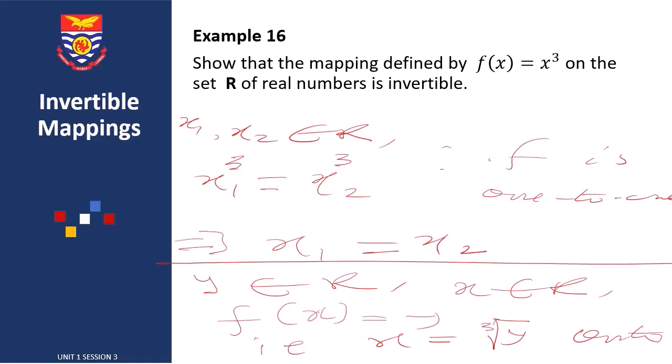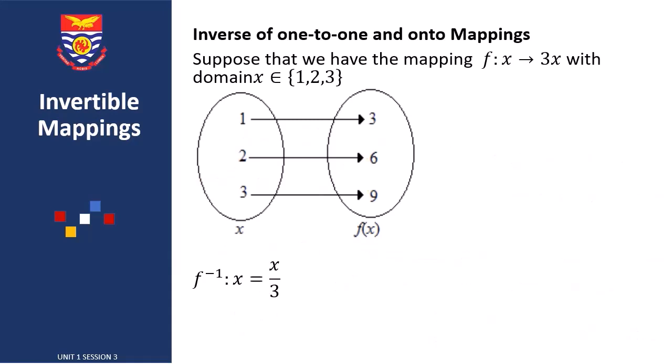It's having an inverse. Okay, so now the inverse of 1 to 1 and onto mappings. Suppose that we have the mapping f of x equals 3x with domain 1, 2, 3 in the arrow diagram below. You can see that 1 goes to 3, 2 goes to 6, and 3 goes to 9.